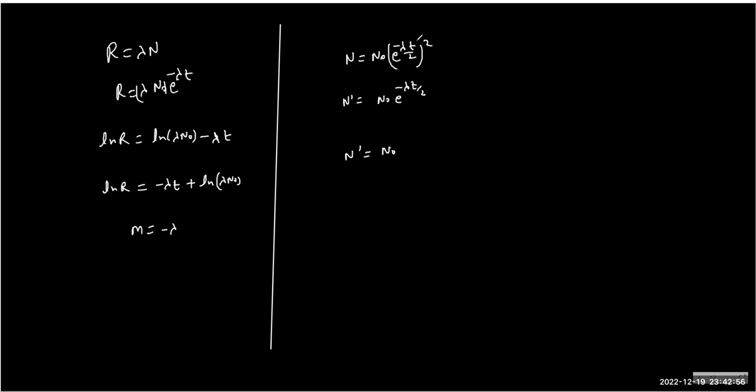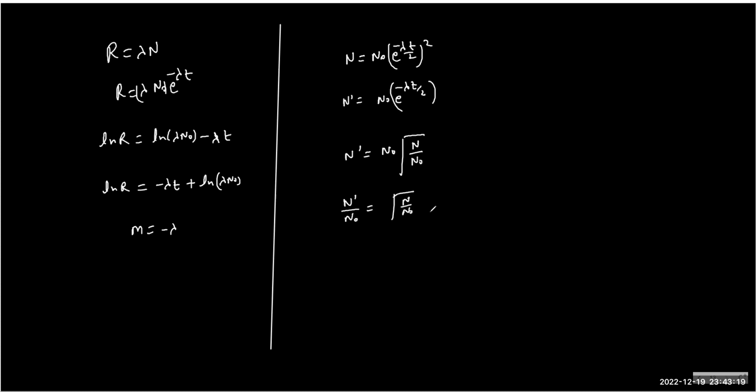So given that, if they're asking for a fraction, they're asking for the fraction only. So N dash is how much? N naught into e power lambda t/2. What is e power lambda t/2? Am I right, guys? So what is N dash by N naught?